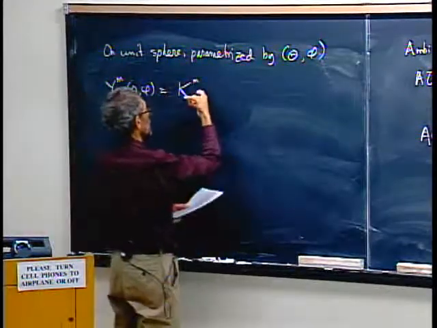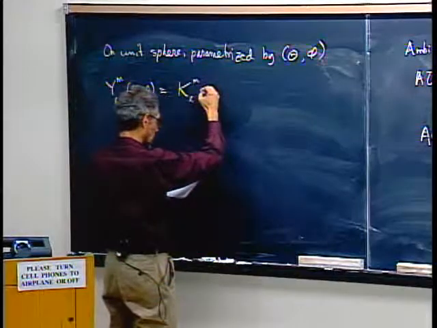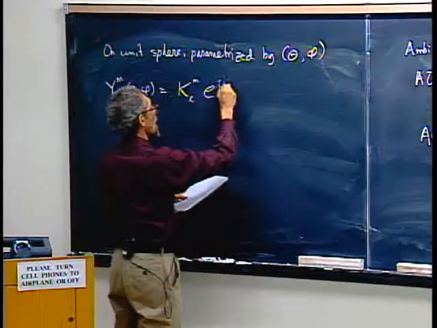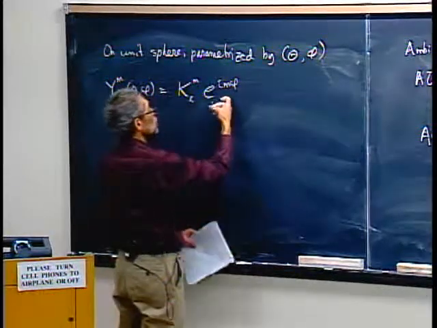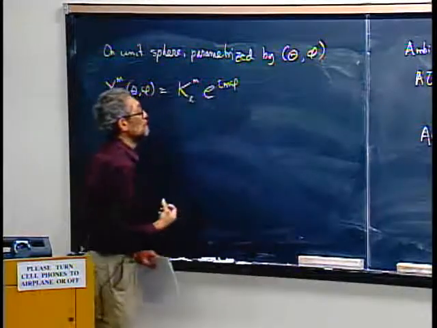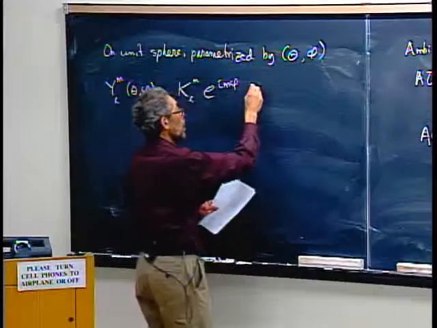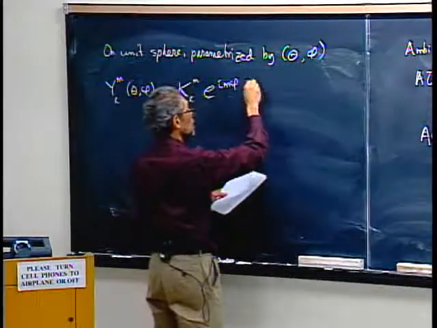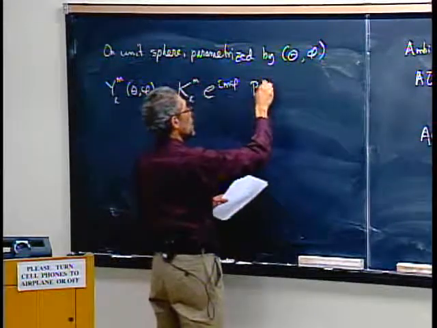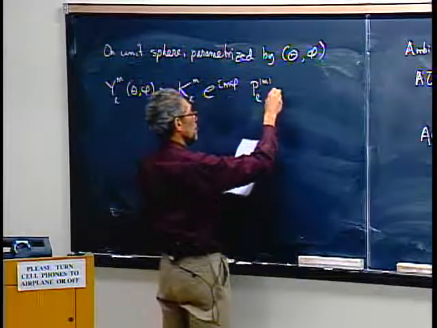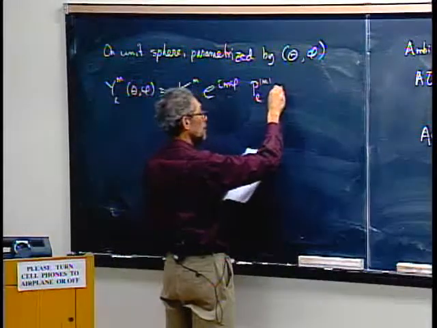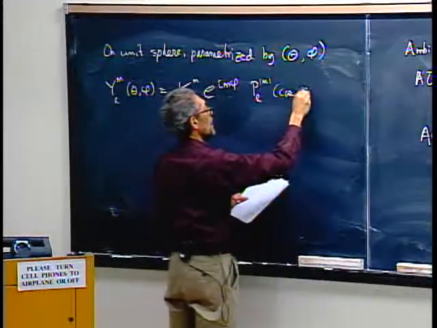In fact, the formula for K l m I'll write in a minute. Times e to the i m phi. So in terms of their variation as a function of phi, they just look like Fourier series. But they also vary as a function of theta by P l m. Actually, you only need absolute value m. They're the same for plus and minus, of cosine theta.